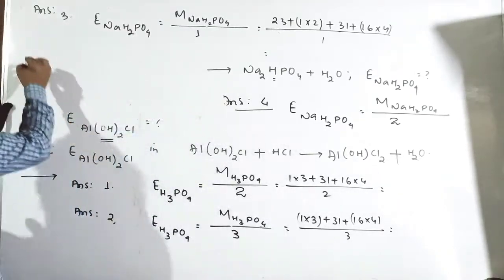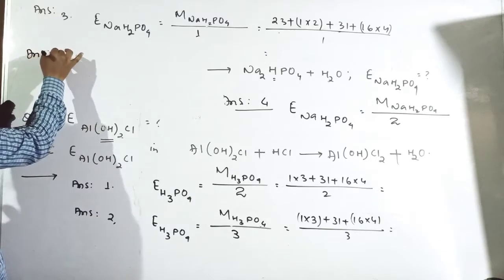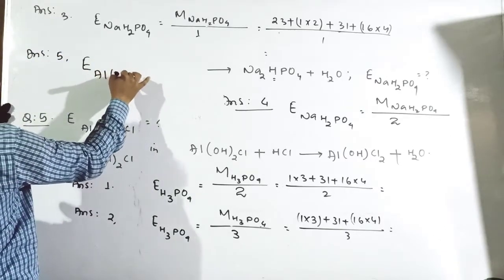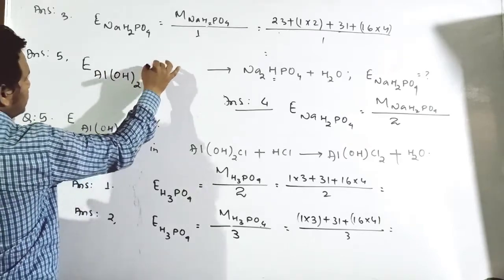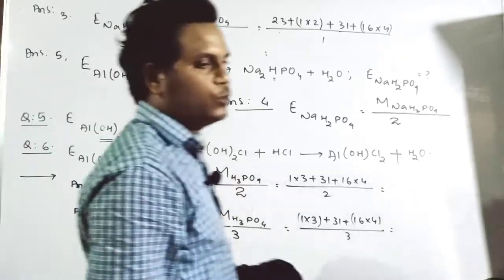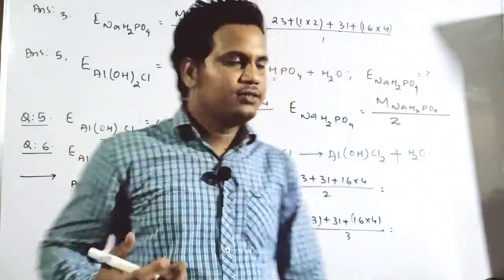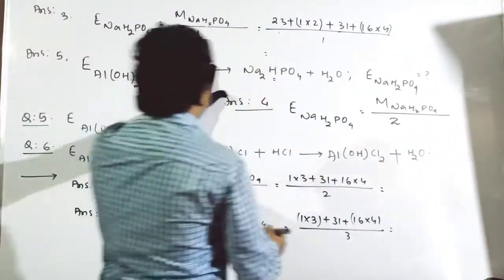Answer 5. So the equivalent mass of Al(OH)2Cl will be equal to the molar mass divided by 2.